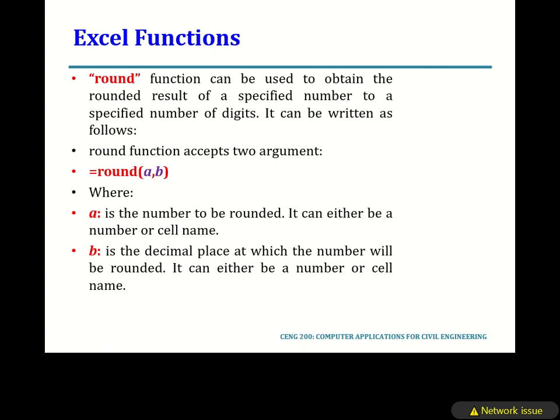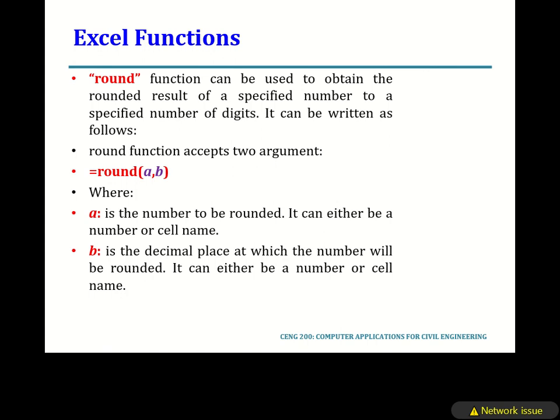For example, take pi, which is 3.1427 up to something. I want to round it off to only one decimal place. So how will I use it?